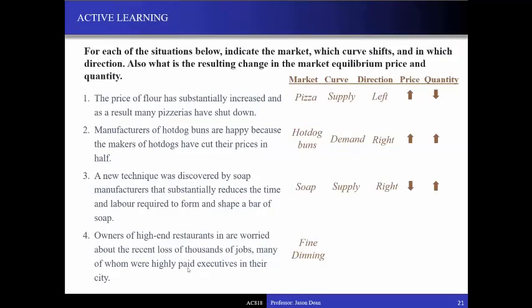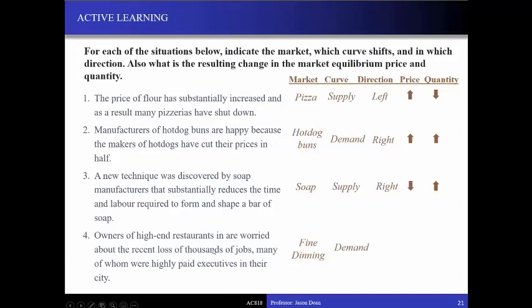A lot of them lost their jobs, their incomes are lower. We're clearly talking about demand here. There's nothing here about input prices or productivity or business taxes or any of the things that we listed for the supply curve. This is more about incomes falling of consumers. And so the demand curve here would shift to the left.